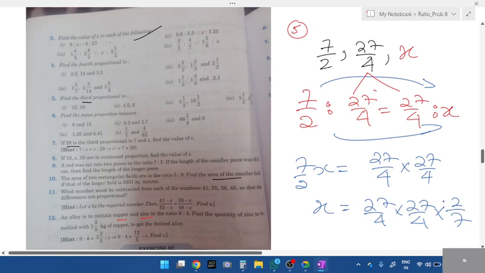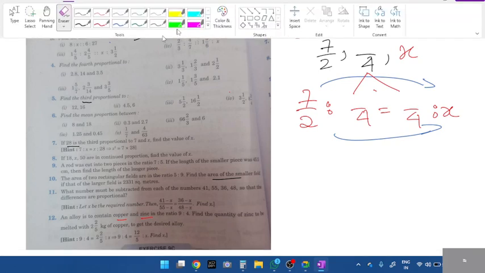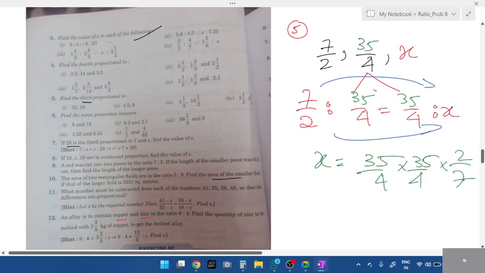We made a mistake here. How much is 8 fours? 32 plus 3? 35 by 4, right? 35 by 4, students. So x is equal to 35 by 4 into 35 by 4, 2 by 7. Yes, now it is correct.